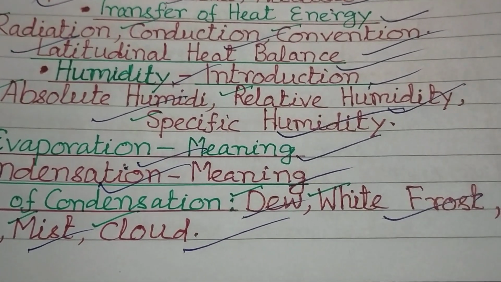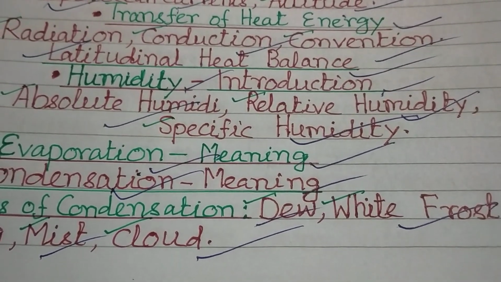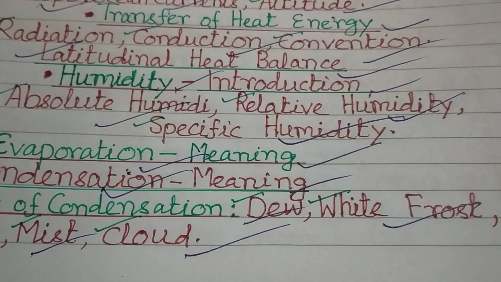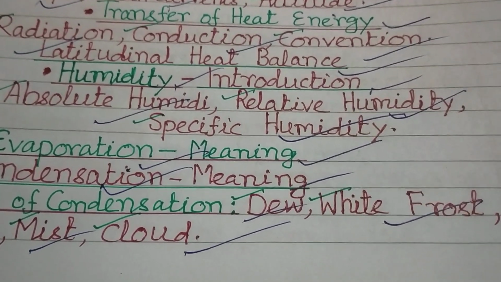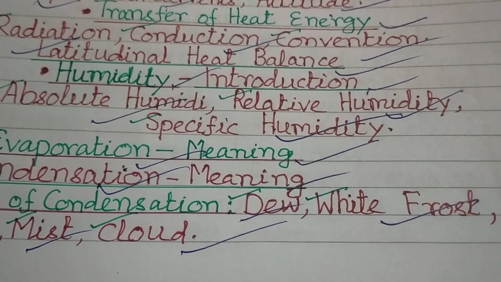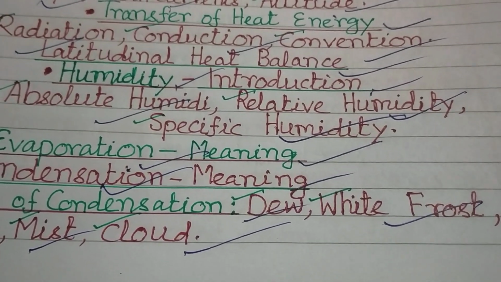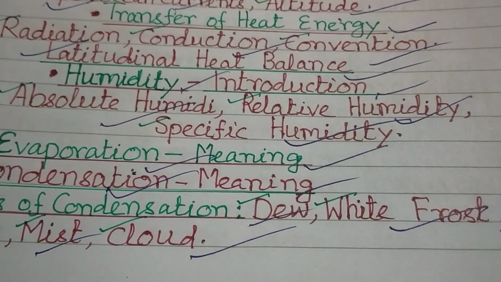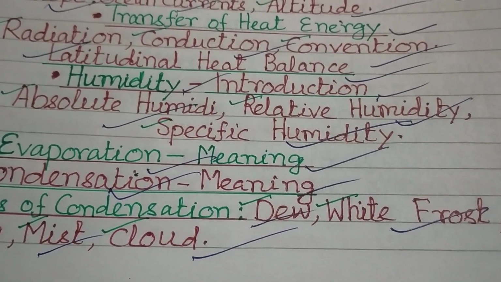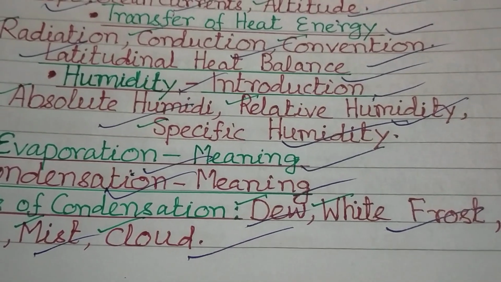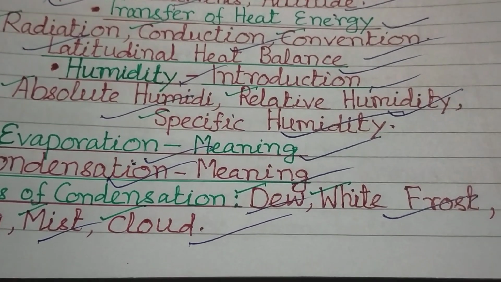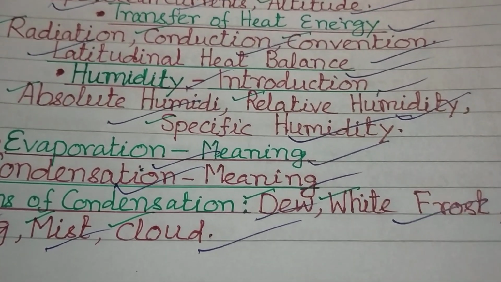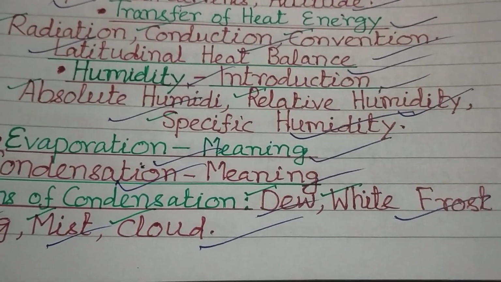The ideal conditions for its formation are a clear sky, little or no wind, high relative humidity, and long, cold nights leading to greater radiation of heat from the earth for its cooling. For the formation of dew, it is necessary that the dew point is above freezing point.